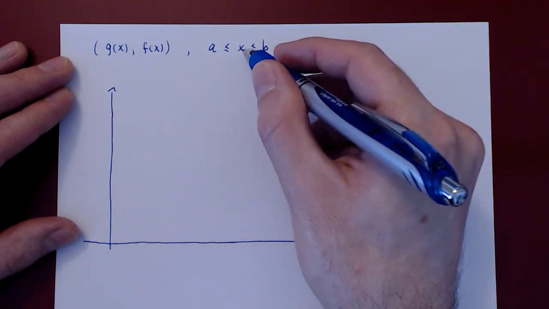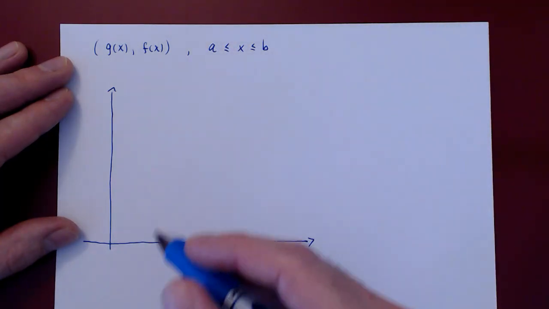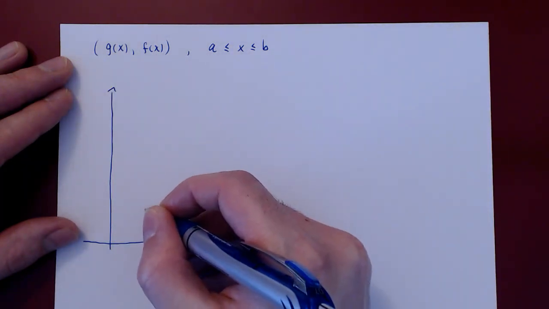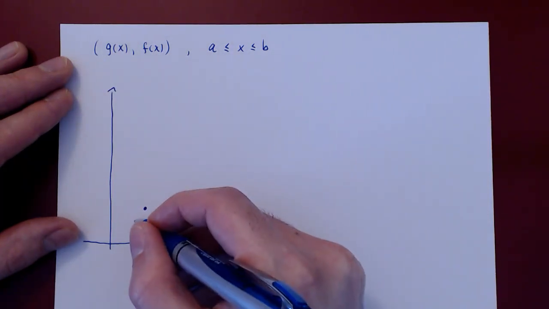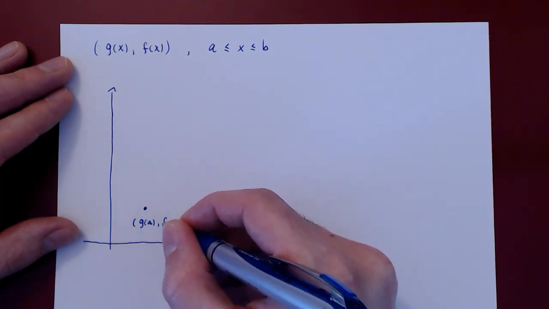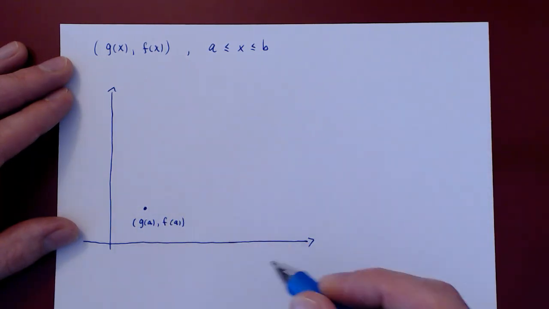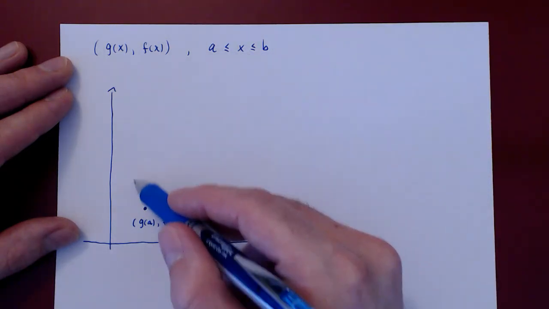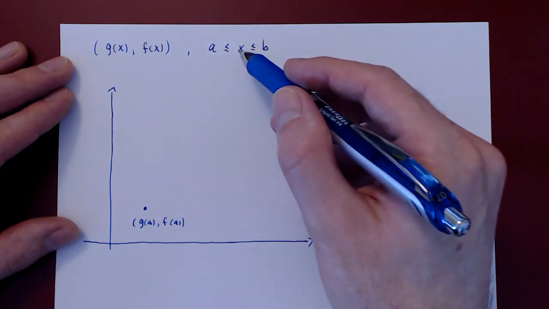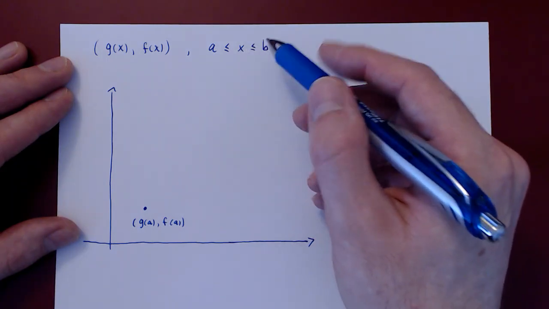So let's look at where the curve starts. When x is a, we have the point g of a, f of a. So the coordinates of this point are g of a, f of a. And then x evolves, so the curve will move around the xy plane until x reaches its largest value of b.